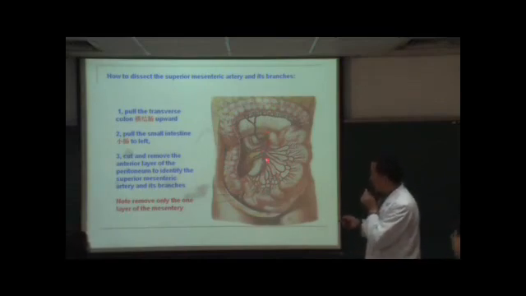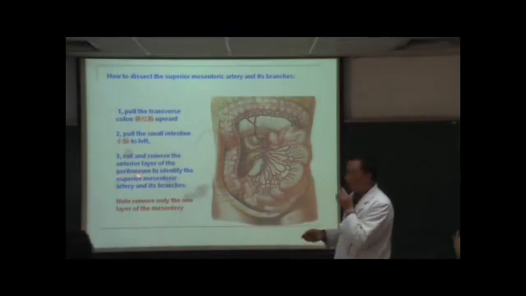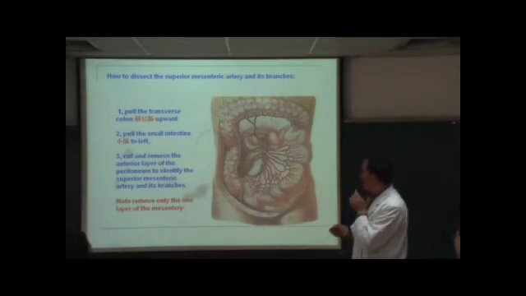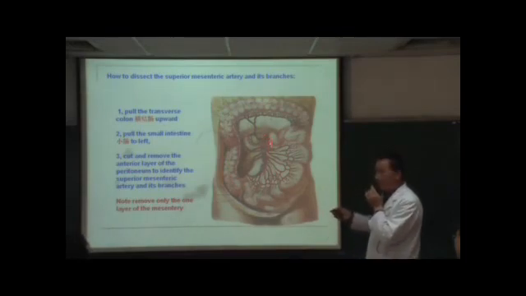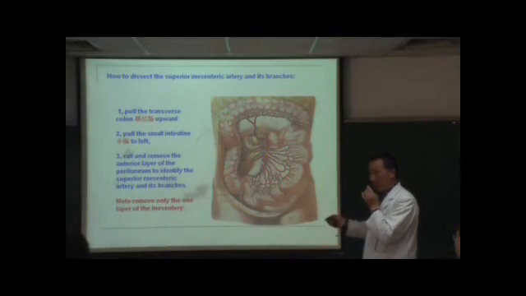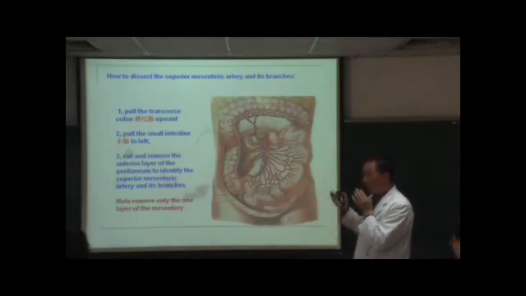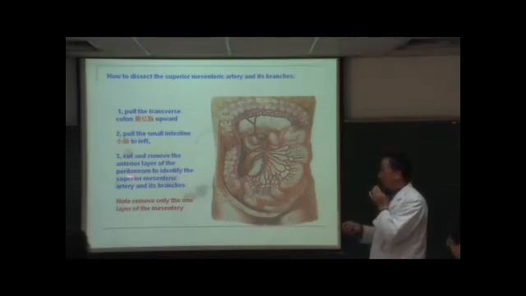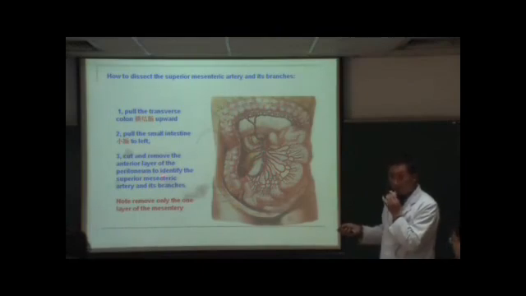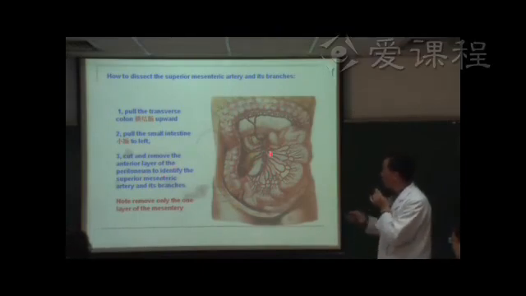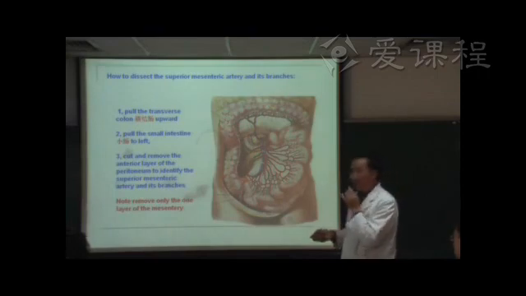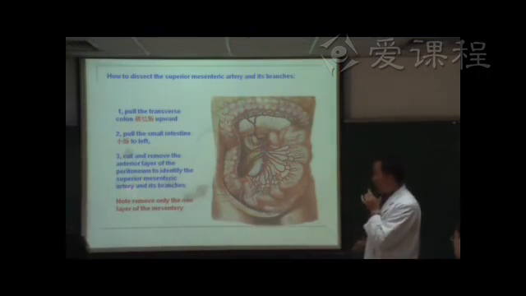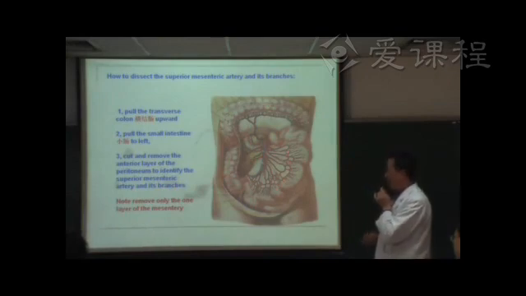Then you cut and remove the anterior layer of the peritoneum covering the superior mesenteric artery. 你去除这个覆盖肠系膜表面的这一层 peritoneum 腹膜, and identify the superior mesenteric artery and its branches.